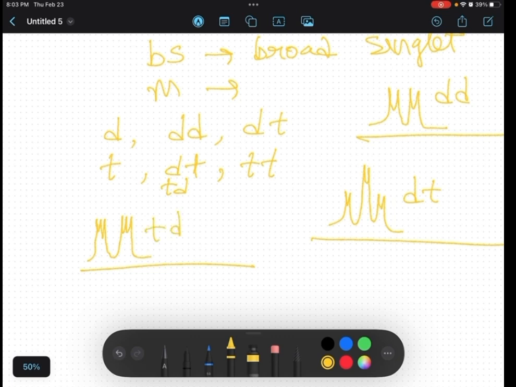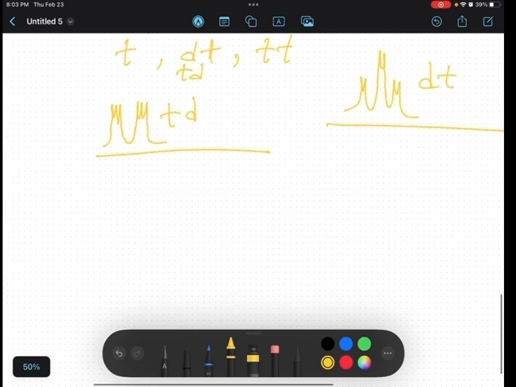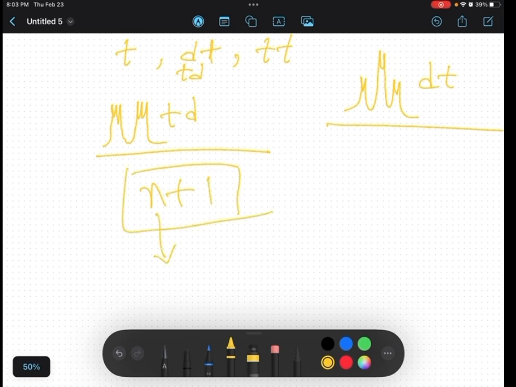This is called a triplet of doublet. So I hope now you understand the splitting pattern, multiplicity, and also the n+1 rule. Remember that n+1: n is the number of neighboring protons.